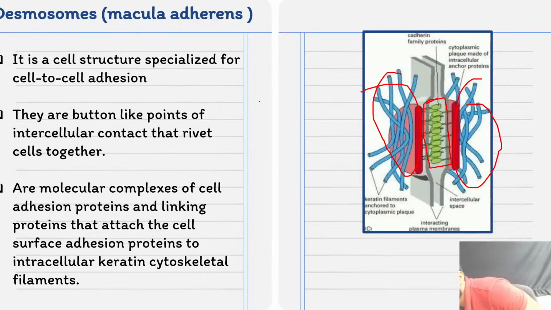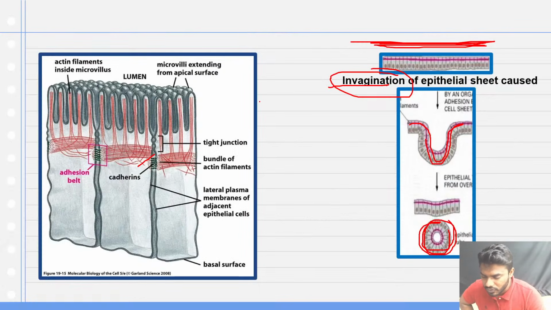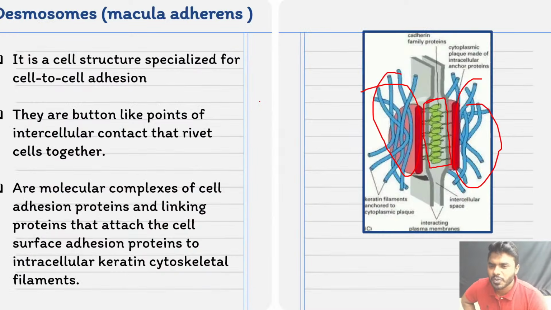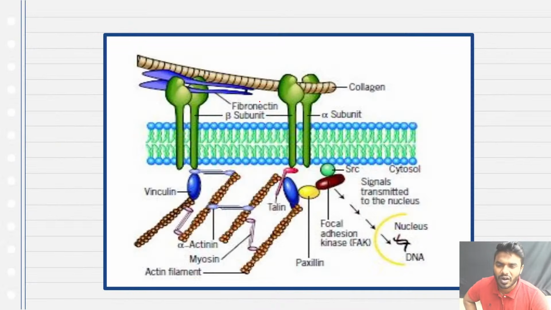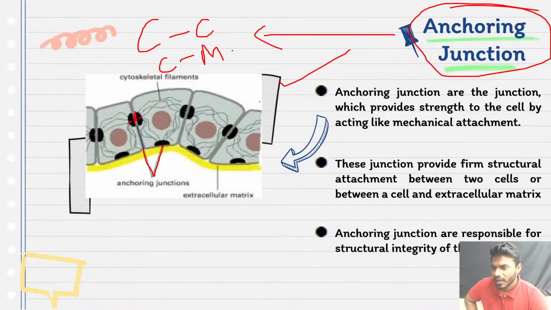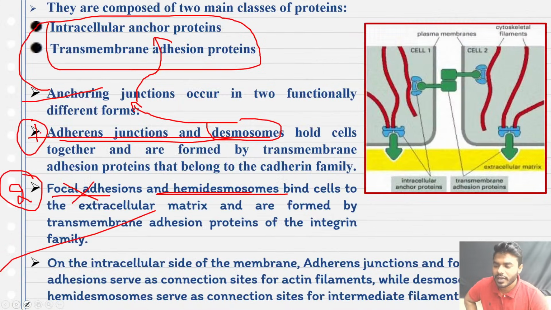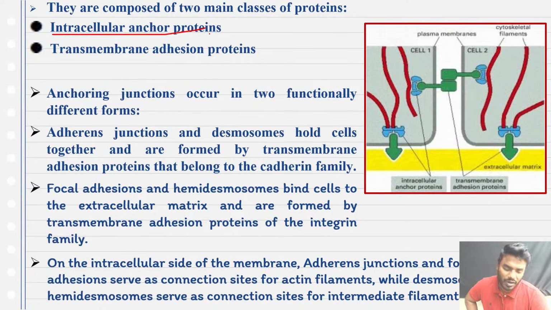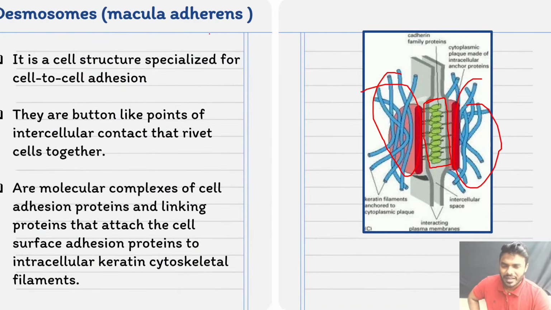And what is another very unique statement you have to remember? Desmoplakins and desmogleins are not adapters, not at all. I am telling you now, they are intracellular proteins, that's all. They are present in the cytosol or cytosolic domain, that's all.